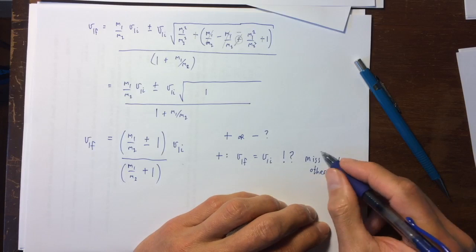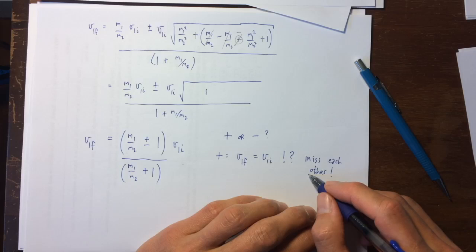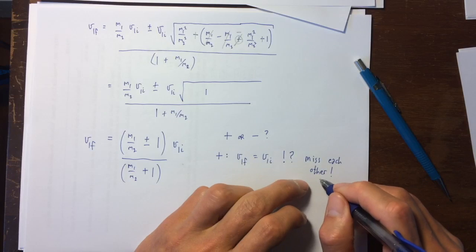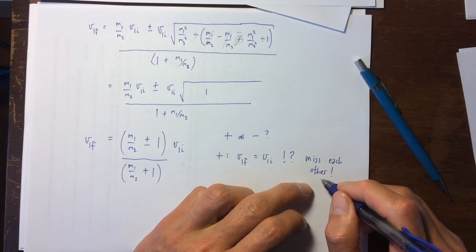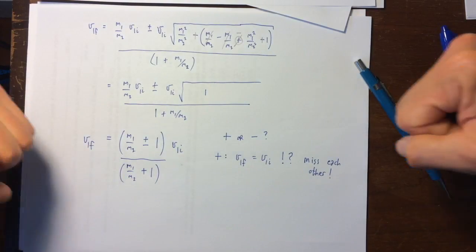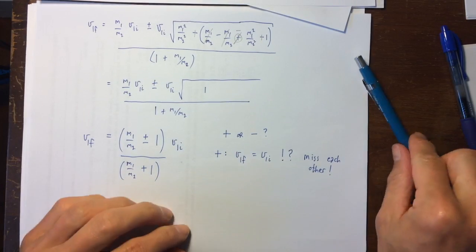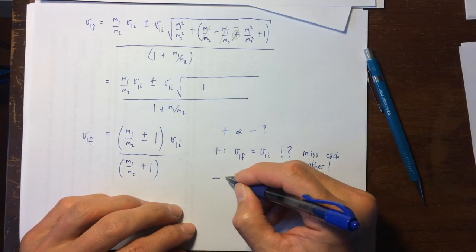So this is the conservation of momentum and energy, or kinetic energy. It's the conservation rules for the elastic collision condition in case they just miss each other. Cool, right?